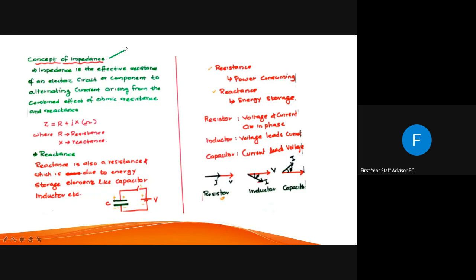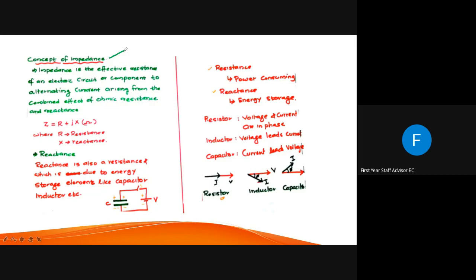So whenever there are reactive components and resistive components in an AC circuit, they will combine together and form impedance. Resistance is a kind of resistance, reactance is also a kind of resistance.